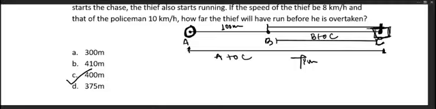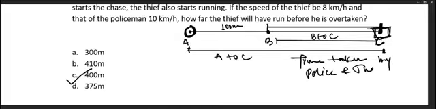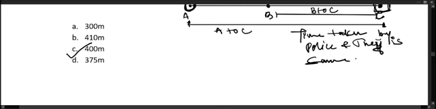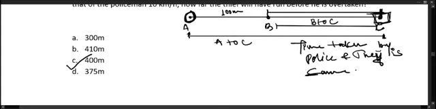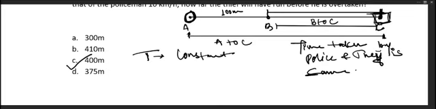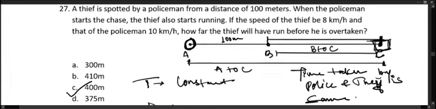So from here we have concluded that the time taken by police and thief is the same. As we know, when time is constant, the ratio of distance and speed also remains the same.